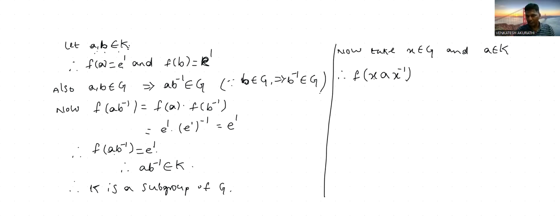So for this, we have to write this condition. Since F is a homomorphism, F of X A X inverse is equal to F of X into F of A into F of X inverse.